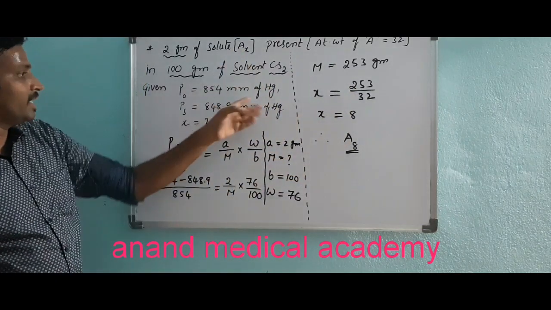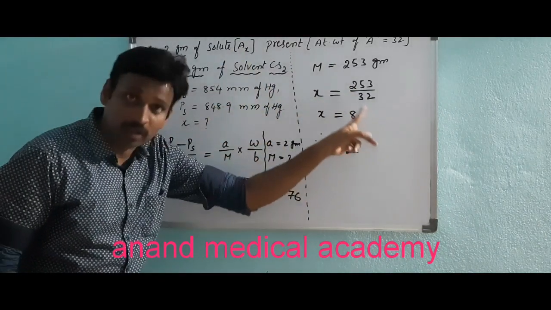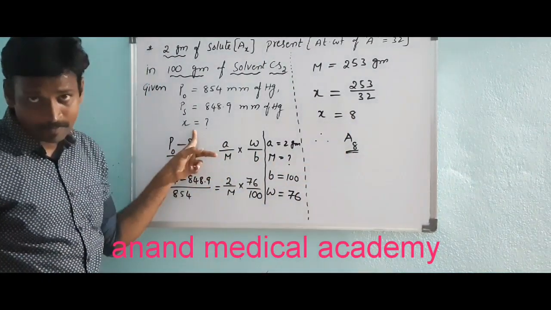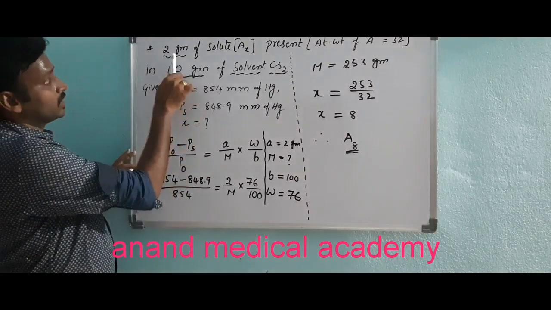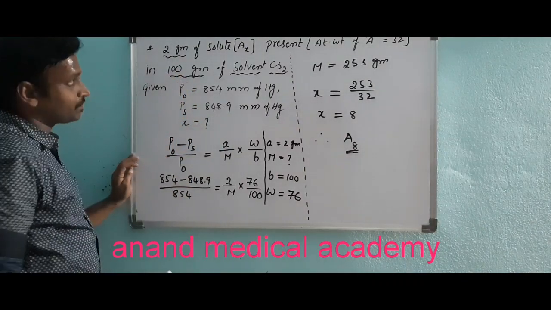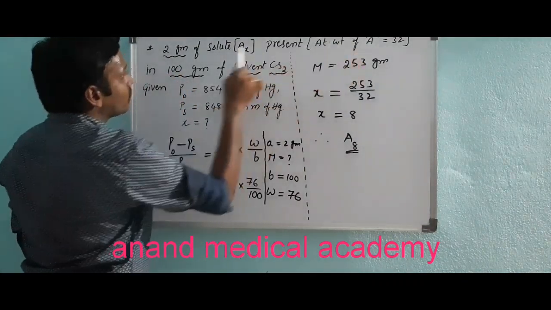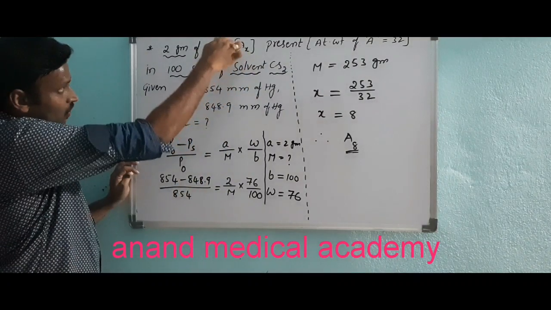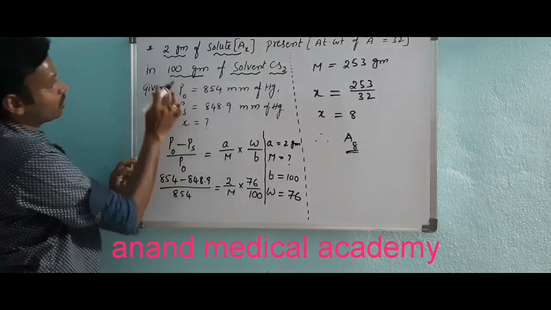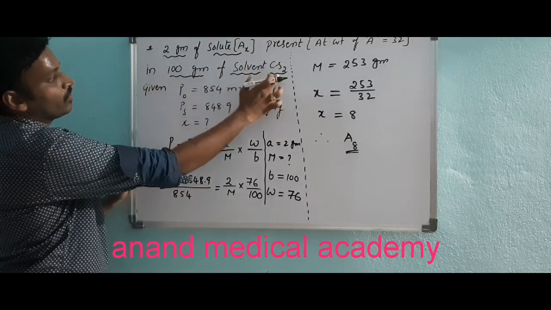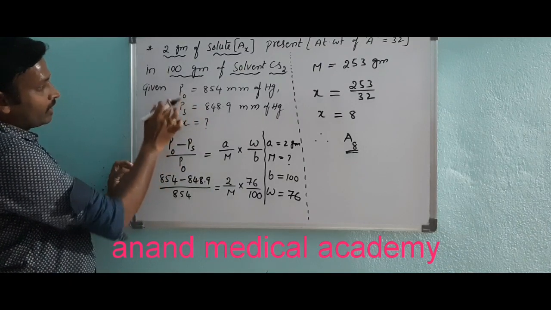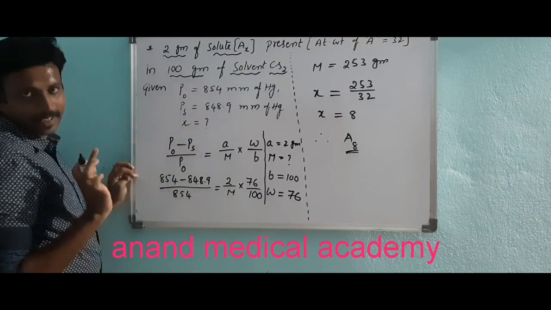So X is 8, and maybe the options will give the molecular formula sometimes, or sometimes they will ask you what X is. I hope you understood. The weight of solute was given, the atomic weight of this A was given, and X is asked. And this particular solute is present in 100 grams of solvent, carbon disulfide. So P naught given, PS given, X asked.